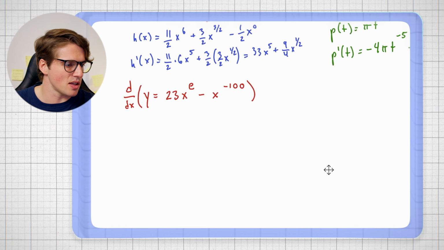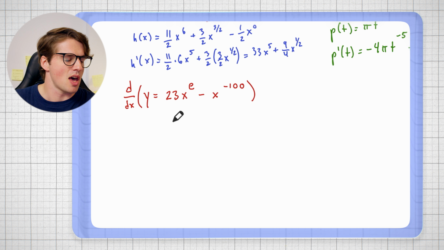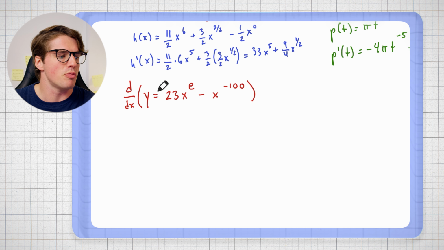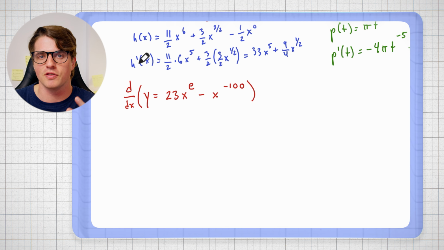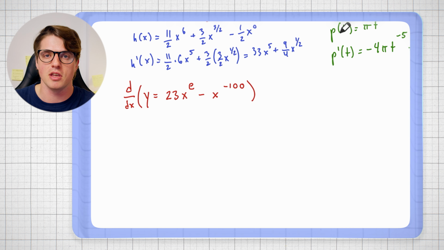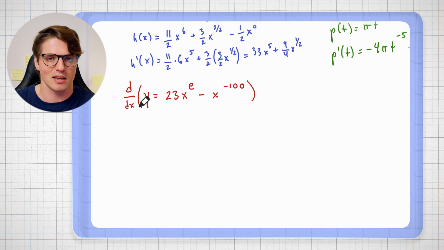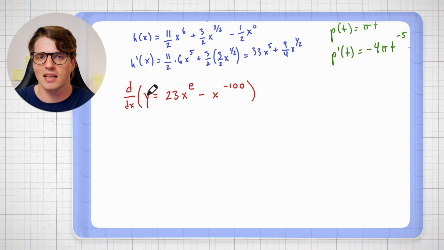And then finally, I have something kind of gross here. And I want to show you new notation. So before we were just saying h of x and then h prime of x, or p of t and p prime of t. Now we're writing d dx. d dx like this, or d dt, is like a command.